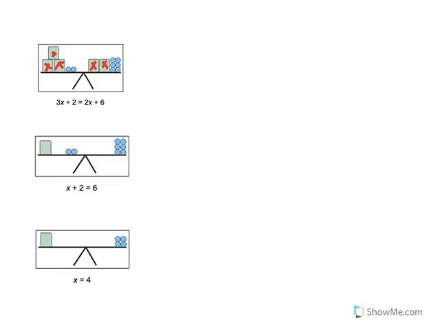So I need to get the x's over with the other x's, right? So I'm just going to recopy this problem here. I need to move these 2 x's over to be with the other x's, right? So I get x plus 2 equals 6.